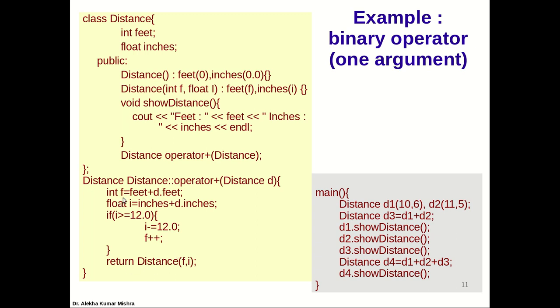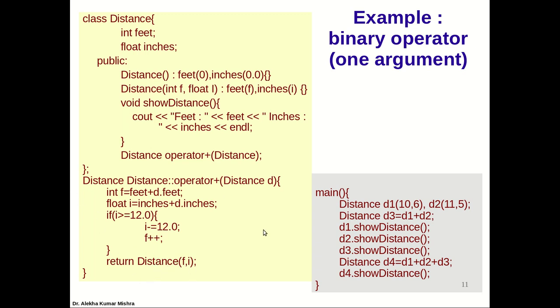Then using f and I, we create a temporary object here. We are not naming it, so it indirectly calls the parameterized constructor, distance fi. So create an object of distance fi first, then return this object.